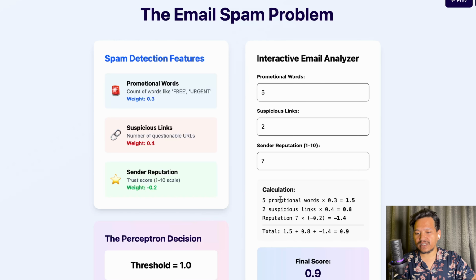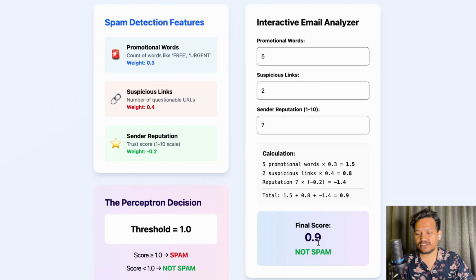If our threshold is 1, score of 0.9 will give us the output of 0, not spam. The email goes to your inbox. Now let's imagine the next example. That will be email B, almost identical but a bit of change in the values. 5 promotional words multiplied by 0.3, that will be 1.5. Here we will have 2 suspicious links multiplied by 0.4, that will be 0.8.